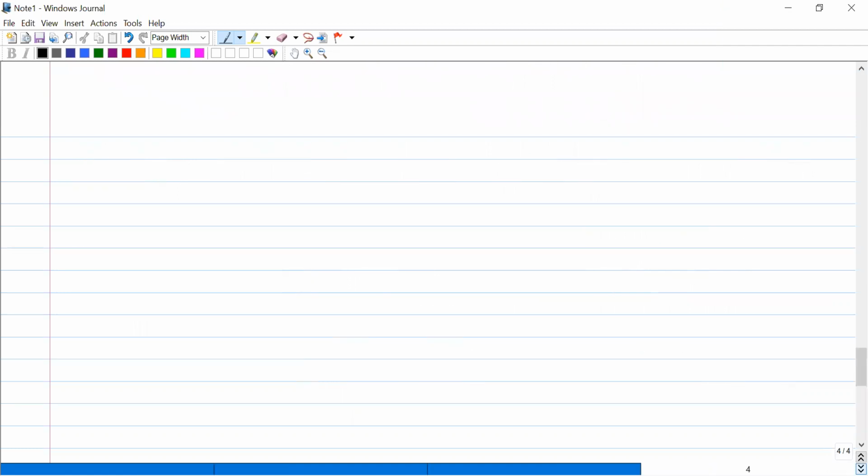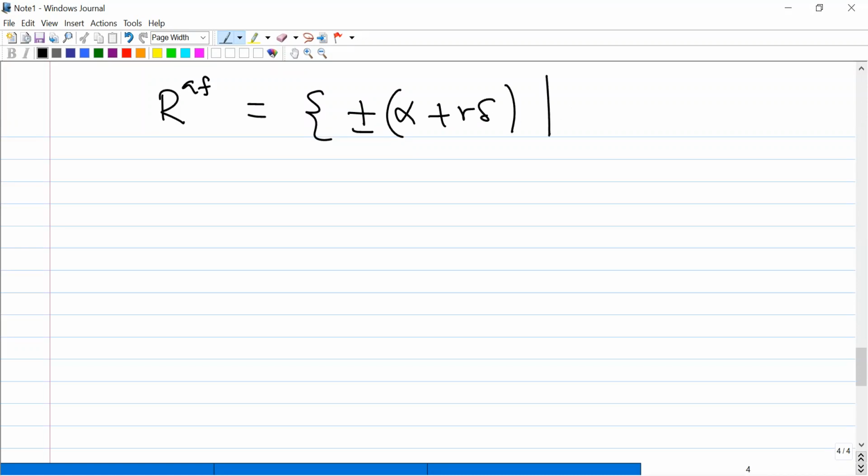Okay, so to make it clear, the affine root system that I'm working with is plus or minus alpha plus R delta, where R is coming from integers. Okay, so the alpha that is fixed for the A1. We saw already one presentation for this braid group, so let me give you another presentation.